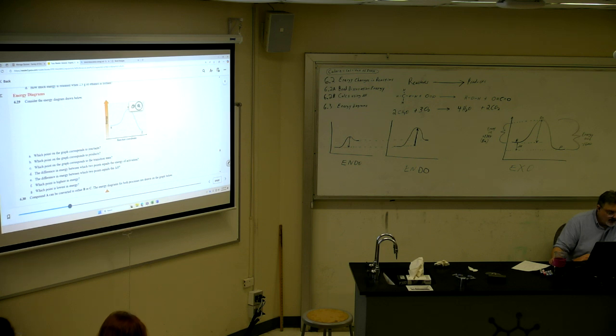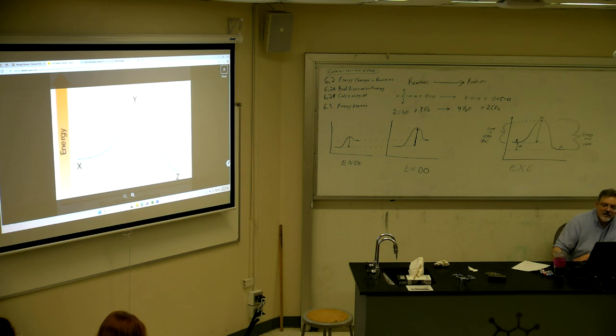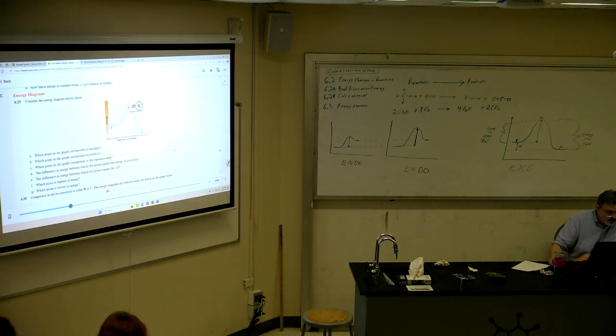Difference in energy between which 2 points represents the delta H? X and Z. Here's where the reactants start, here's where the products land. If you drew a line straight out to the energy axis here, and drew a line from the energy axis out to here, it would be from there, X to Z. You guys see this? Which point is highest in energy? That should be very obvious.